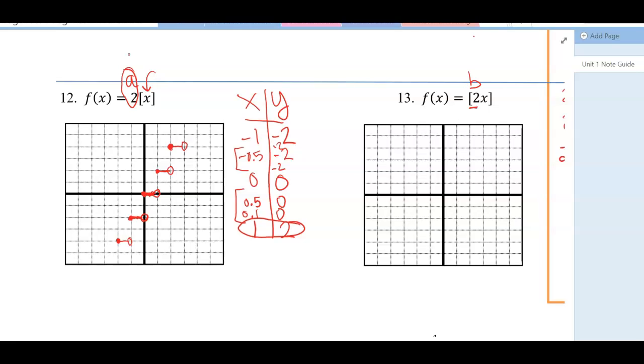You don't go up 1/3 because then your steps wouldn't connect. If I drew a step and then I went up 1/3 to the next step, I would be missing a bunch of my x's in my domain, but we're allowed to plug in every x. Okay? So what would happen if you had a 1/3 here instead of a 2?